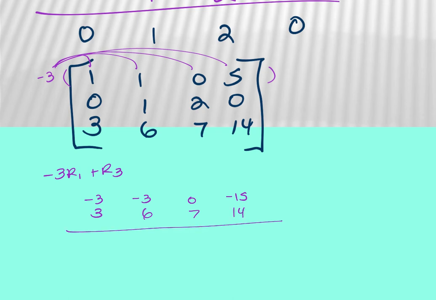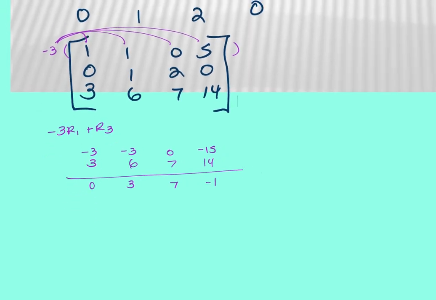And now we add them. 0, 3, 7, negative 1. And we combine row 1 and row 3, right? So we can replace either row 1 or row 3. Which one do we want to replace? Row 3. So it goes 1, 1, 0, 5, 0, 1, 2, 0, 0, 3, 7, negative 1.